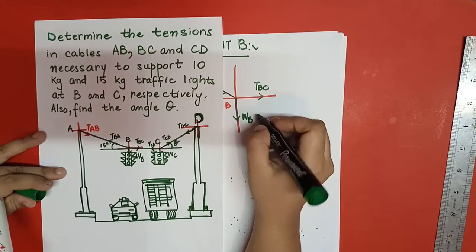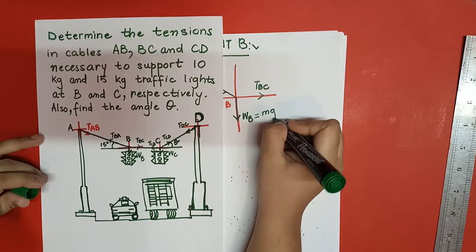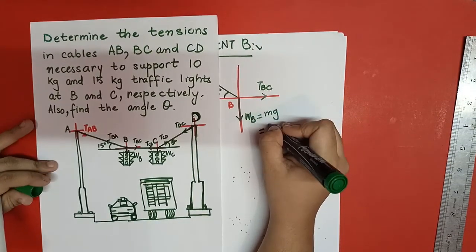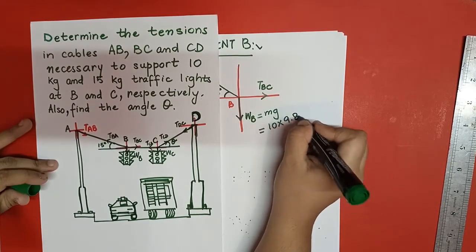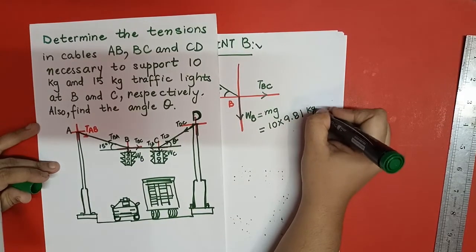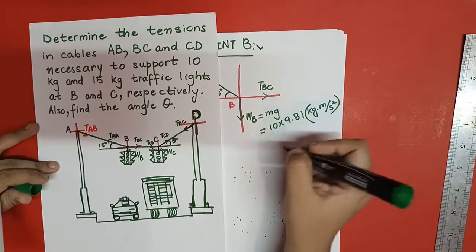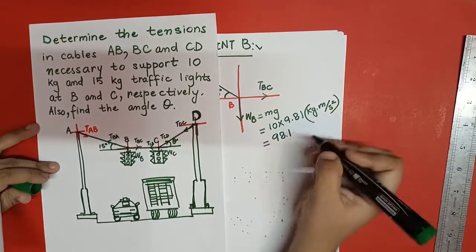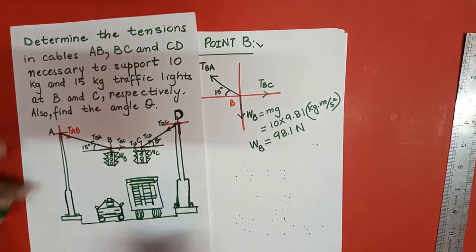We write W equals mg. The mass is 10 kg, and gravity is 9.81 meter per second square. Kilogram times meter per second square is equivalent to Newton, so it comes out to be 98.1 Newton. So WB is 98.1 Newton.